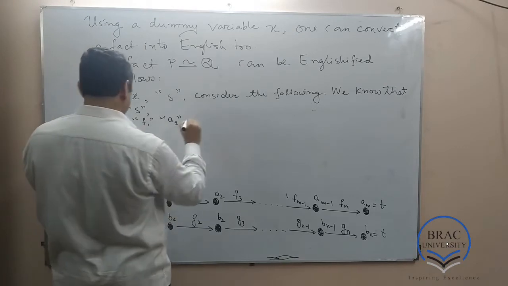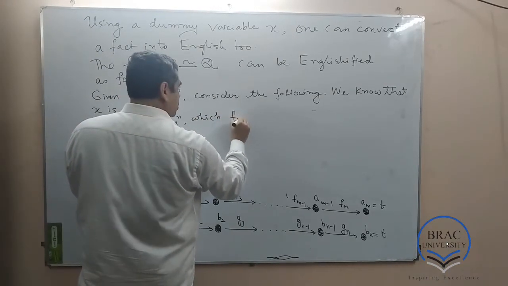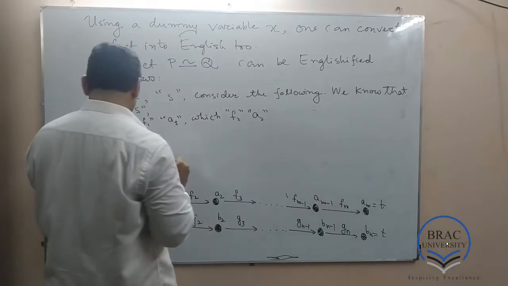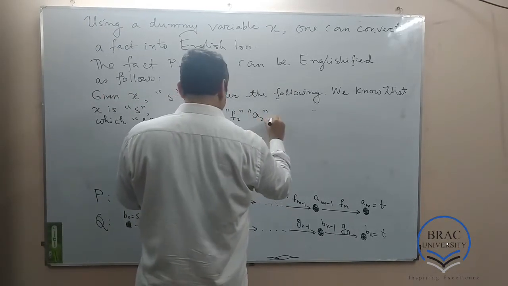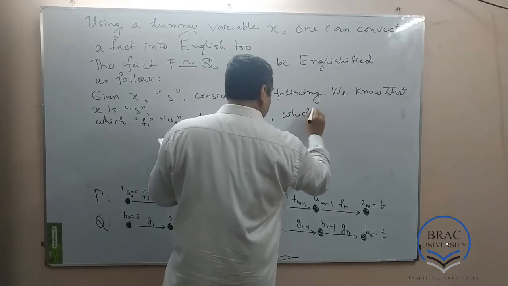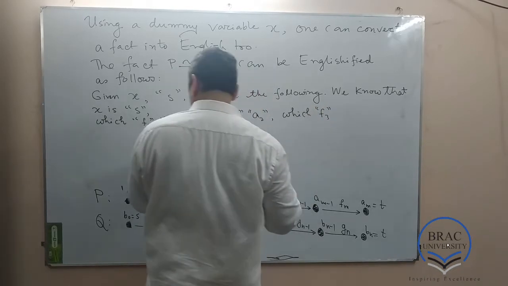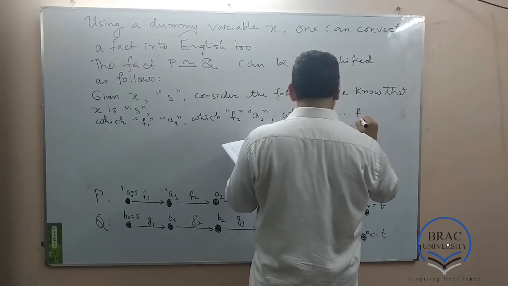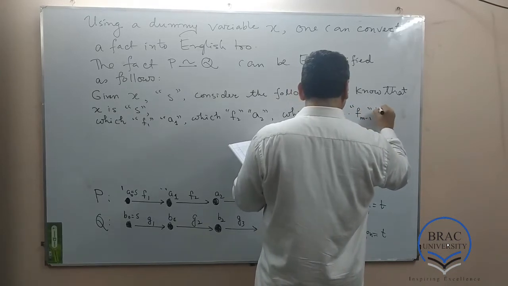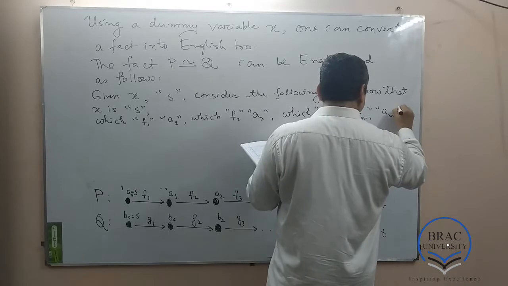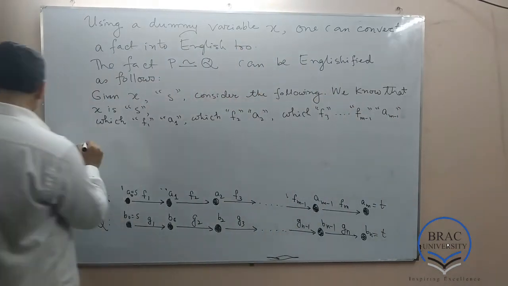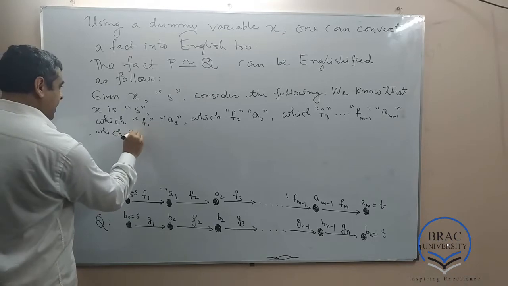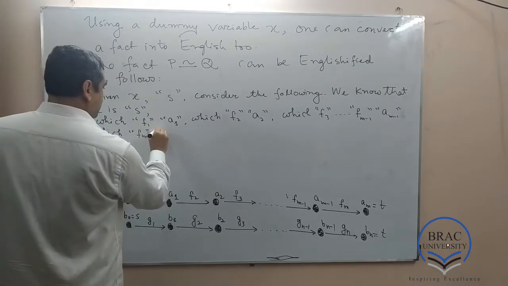Then you could place a comma here, which F2 within inverted commas, A2 within inverted commas, which F3, dot dot dot, F m minus 1, A m minus 1, then we put a comma, which F m, t.